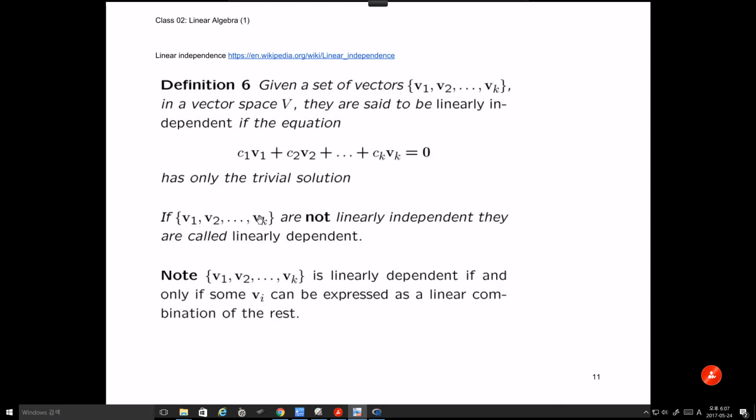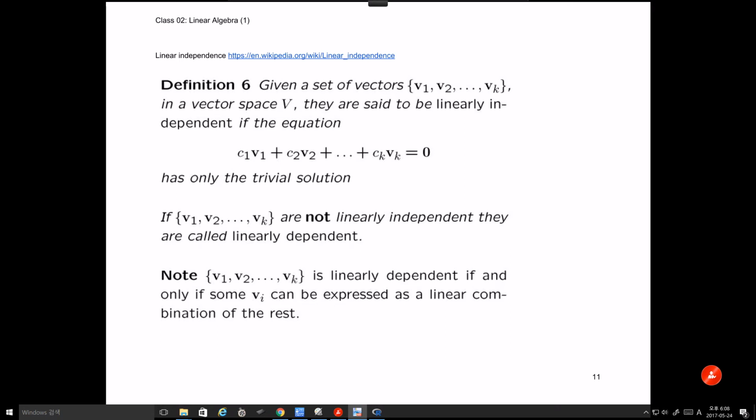If V1, V2, ..., Vk are not linearly independent, they are called linearly dependent. So, intuitively speaking, if a vector is in the span of the other vectors, it is linearly dependent. If another vector is not spanned by them, it is linearly independent. Note, V1, V2, ..., Vk is linearly dependent if and only if some Vi can be expressed as a linear combination of the rest.